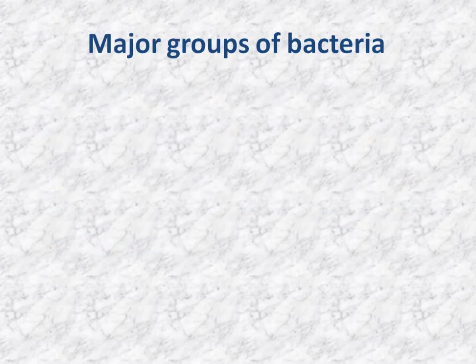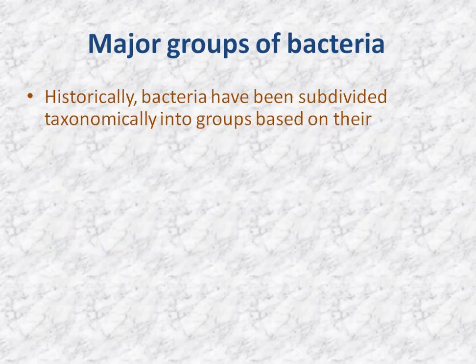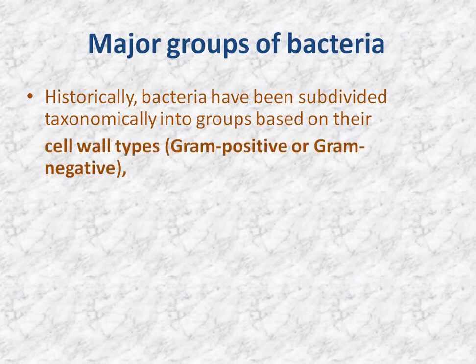Now the major groups of bacteria. Bacteria have been subdivided into major groups on the basis of their cell wall type. They are divided into two groups on the basis of difference in their cell wall: gram-positive and gram-negative.